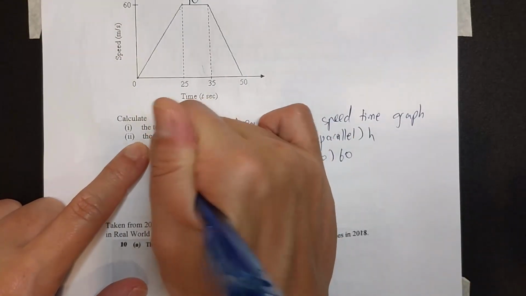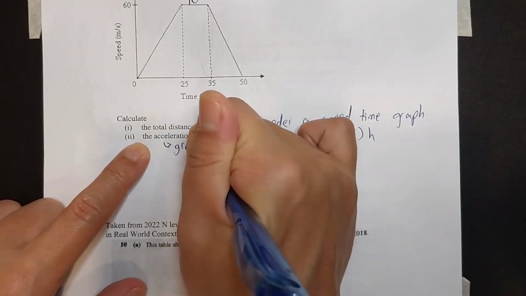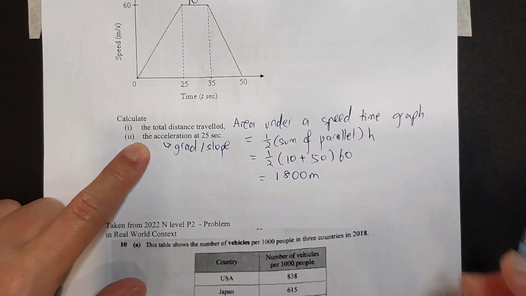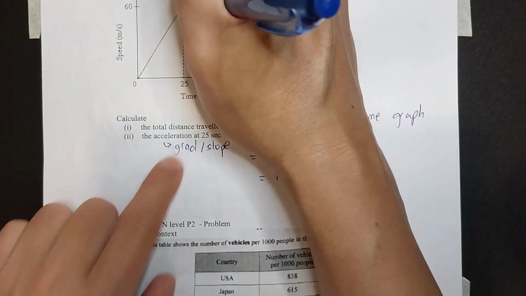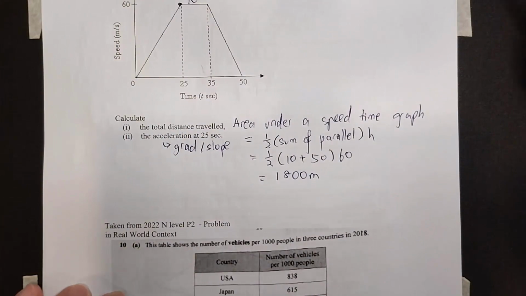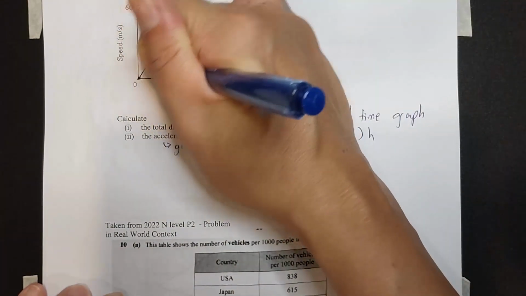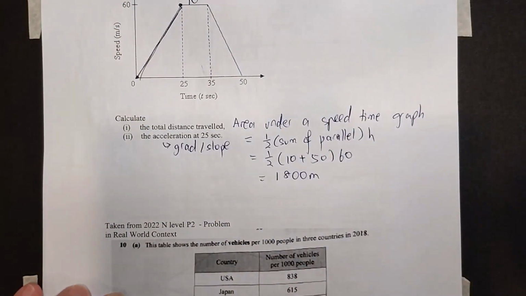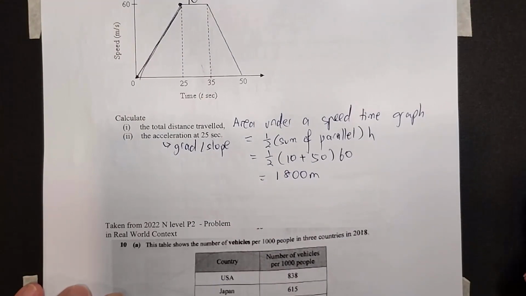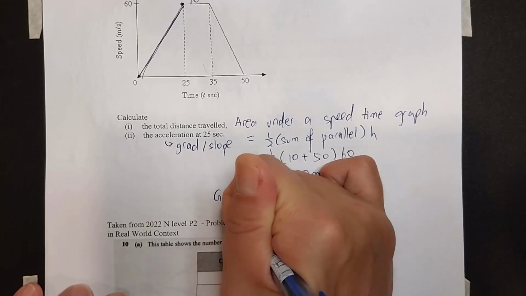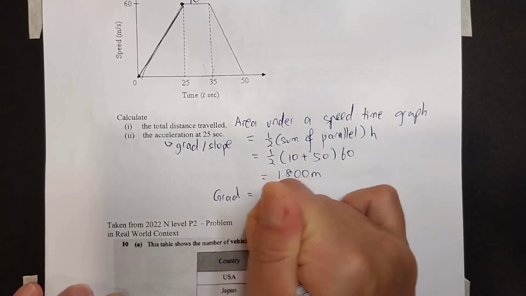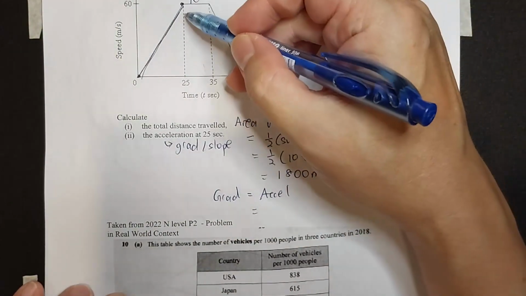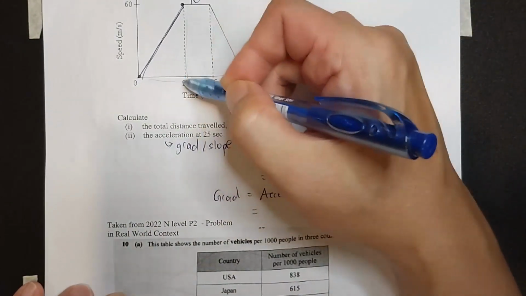Acceleration. Now, for the acceleration, it is the gradient or the slope of the line at 25 seconds. So the acceleration right at this point, it is from here to here, we will find the gradient. Okay, so the gradient is actually equals to the acceleration, which is equals to rise over run.